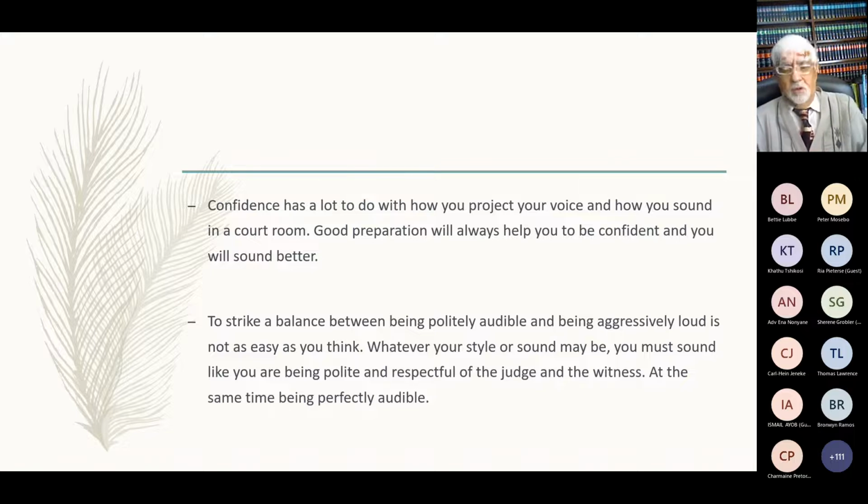And also, confidence has a lot to do with how you project your voice. If you are well prepared, you are confident, you sound better. But if you didn't prepare well, you're not sure what you're doing, your voice suddenly just lets you down. You want to strike a balance between politely audible and being aggressively loud, okay?